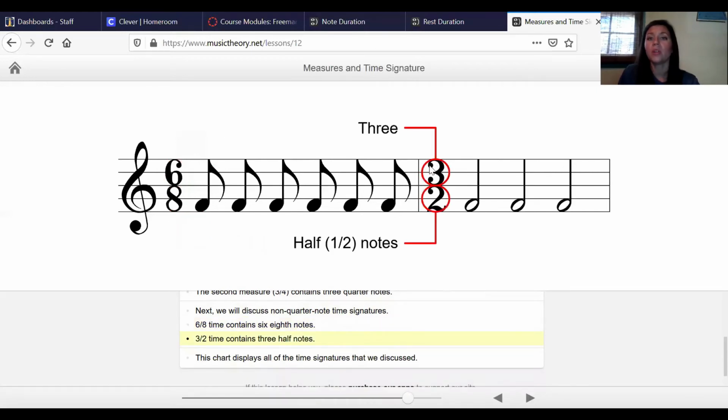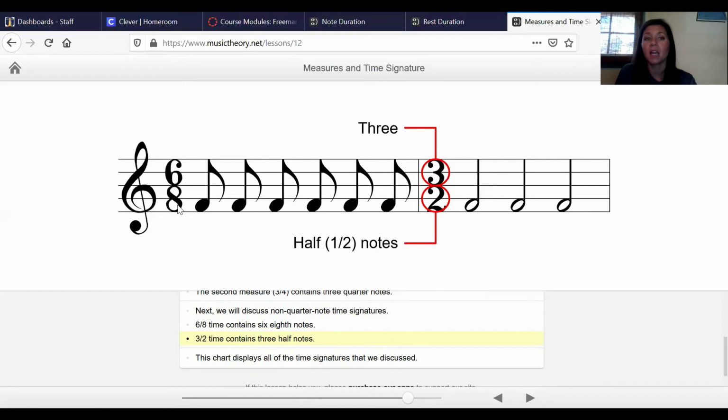All right, similarly with 3/2 time, the top number, the 3, is going to tell you that there are 3 beats in this measure, and the bottom number is telling you what kind of note is getting the beat. For this one, the bottom number is a 2, therefore it's the half note that's getting the beat. So if the bottom number is a 4, remember that the quarter note is what's receiving the beat.